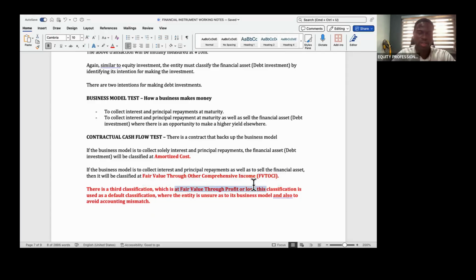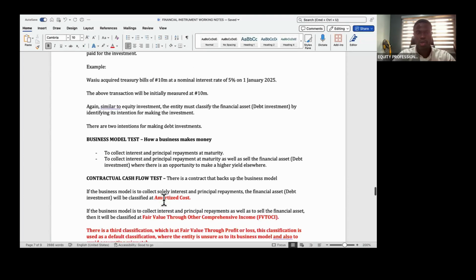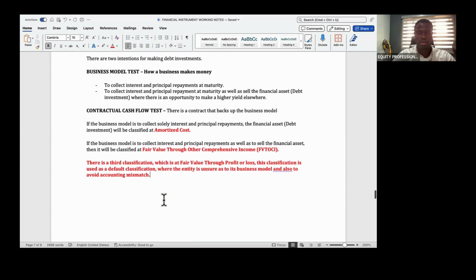If your business model is solely to collect interest and principal repayment, then you're looking at amortized cost. If you want to sell the financial asset, you're looking at fair value through OCI. And you can also decide, okay, I want to classify this at fair value through profit or loss. That also is allowed.